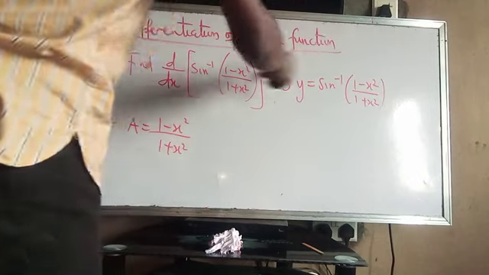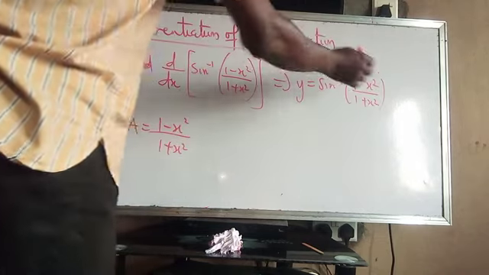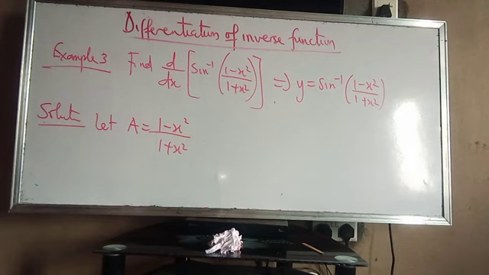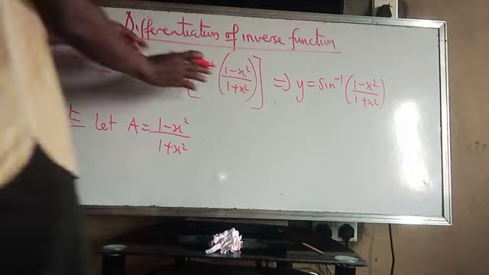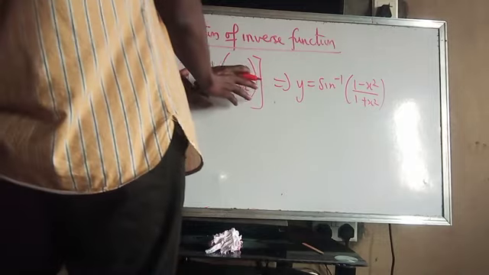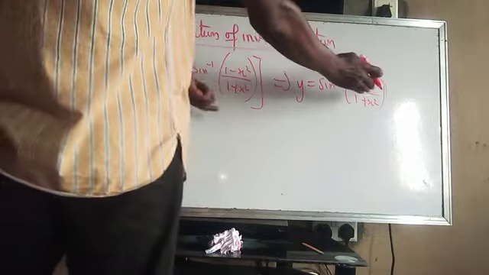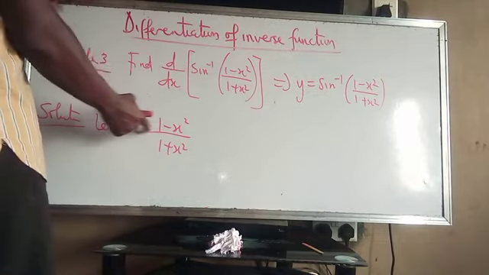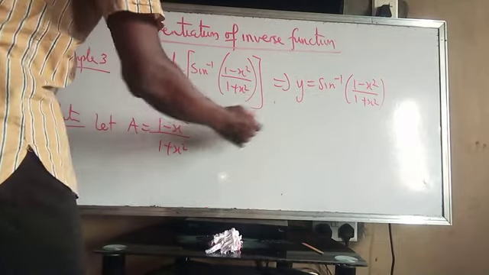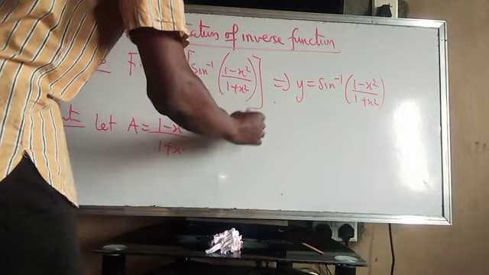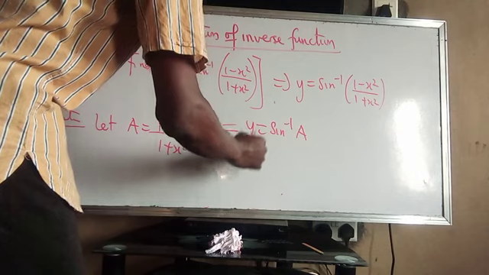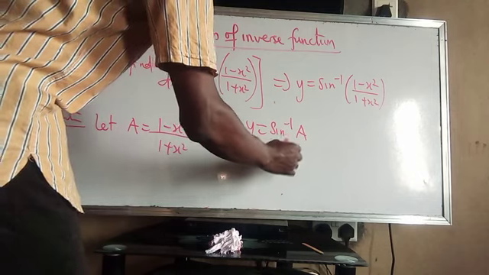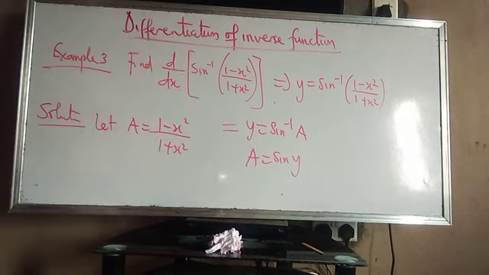So we are trying to find dy dx if this is equal to that. If now y equals this, and we said a is equal to this, this implies that y is equal to arc sine a. So a will be equal to sine y. I hope you understand what I did there.